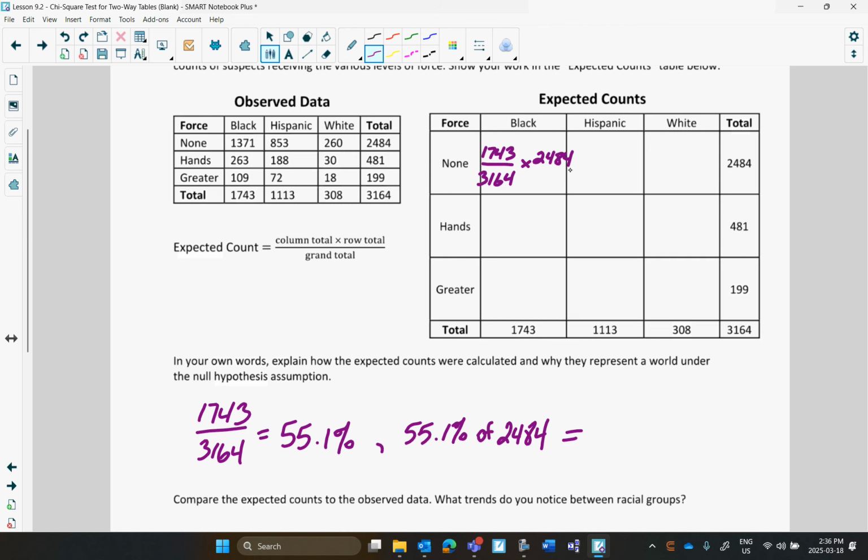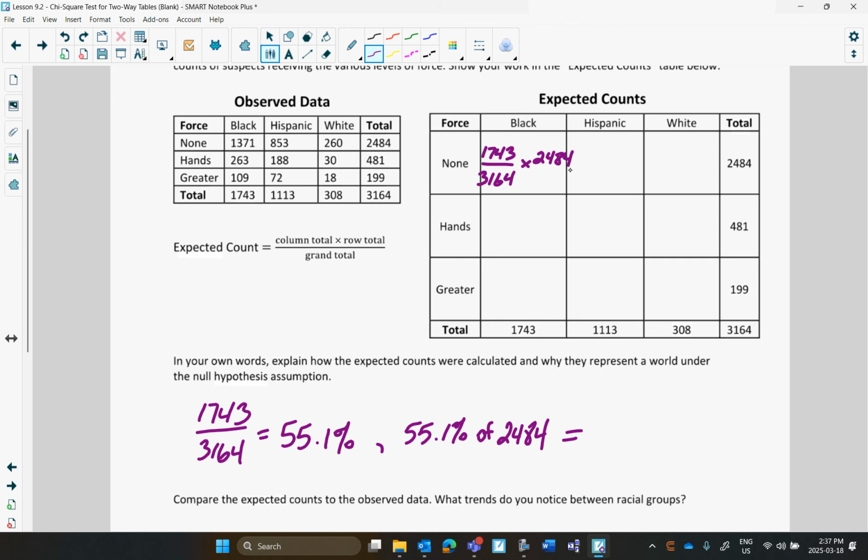That's why I wrote here column total times row total divided by grand total. Because it's Black and no force, it's 1743 times 2484 divided by 3164. But I was just showing you how exactly we get one of them.